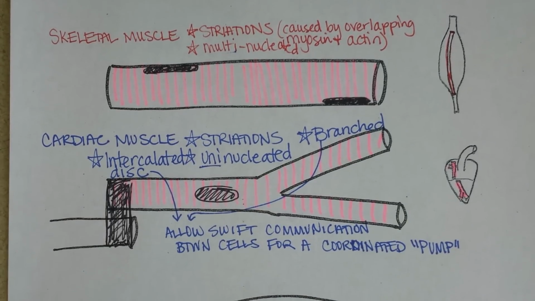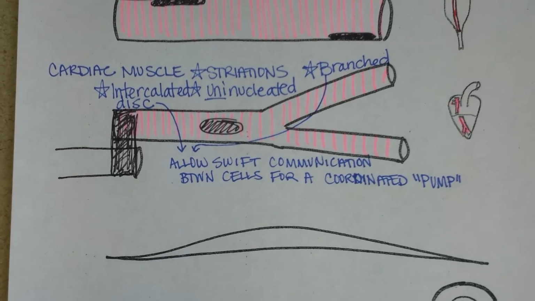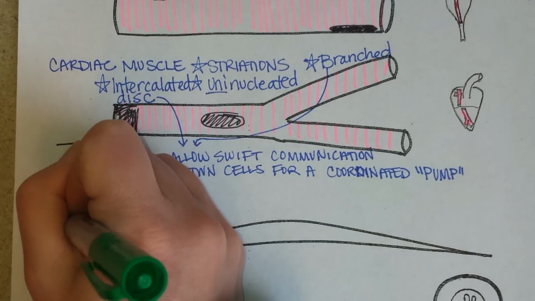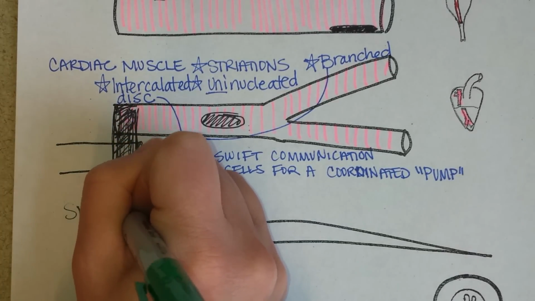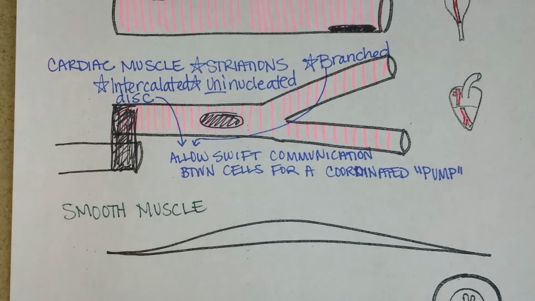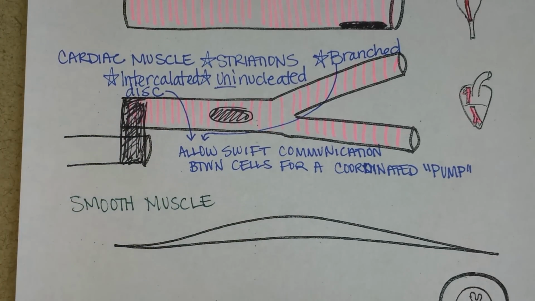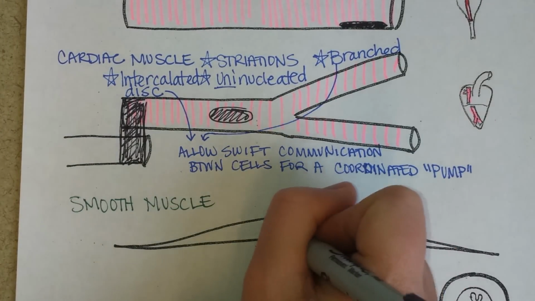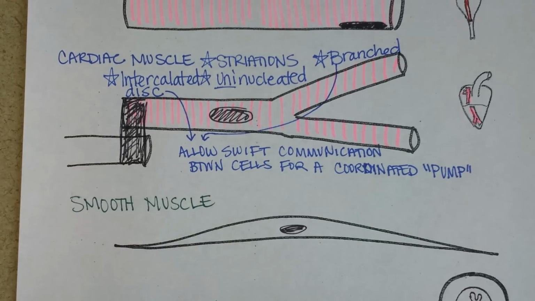Okay, then the last kind, a muscle down here, is smooth muscle. Seems like there's a little bit of smooth muscle in pretty much every organ in the body. There are no striations, and there's just usually one central nucleus.